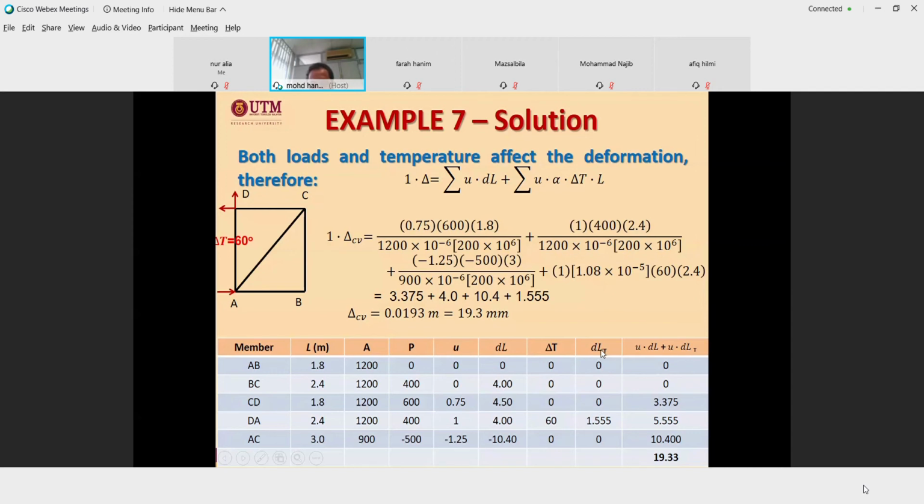And this one is delta L T, the thermal expansion of each joint, but it's not the final thermal expansion. What I mean here is that 1.55 is the thermal expansion for 60, but this is not the final thermal expansion.